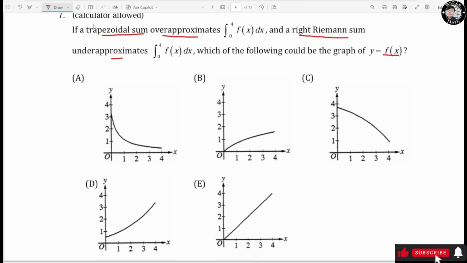Now remember, if a trapezoidal sum overapproximates, it tells us that the graph of the function f of s is concave up, right? Now, the right Riemann sum underapproximates, it tells us that the graph of the function f of s is decreasing, right? So, the function f of s must be concave up and decreasing. The answer must be A.